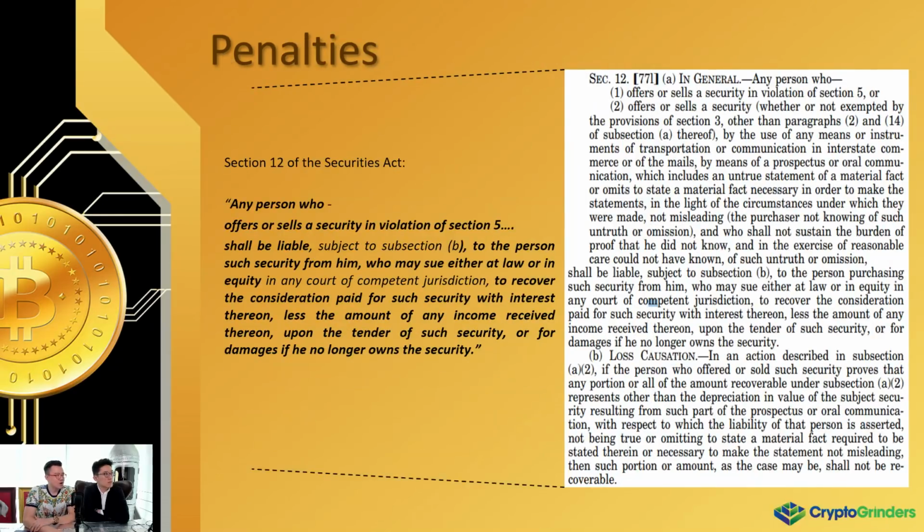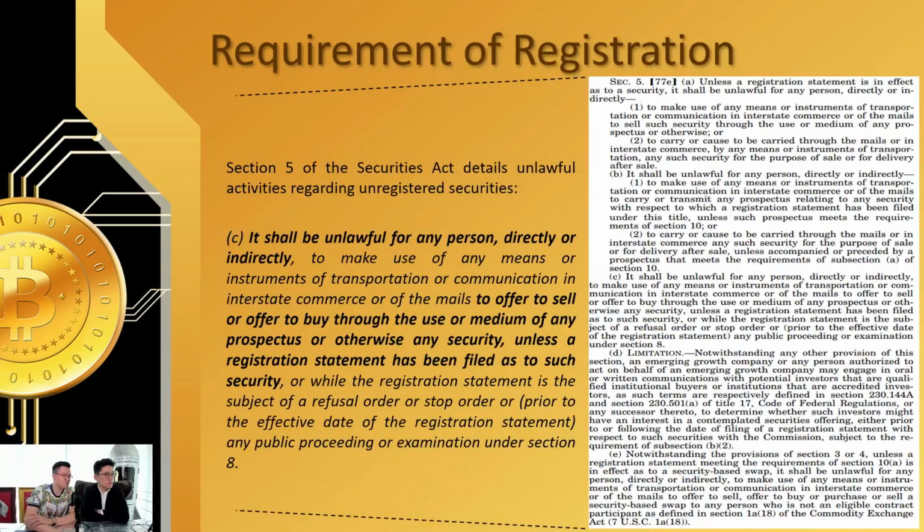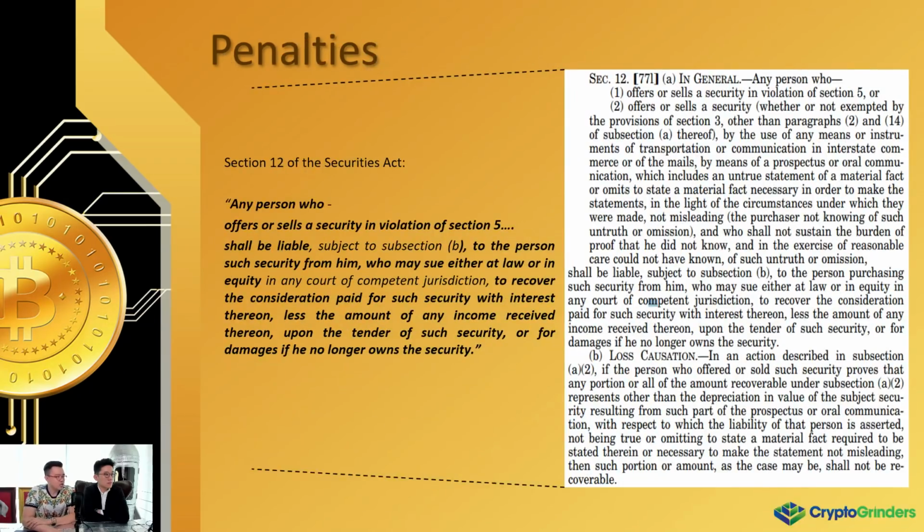Okay, so this is the penalty. Any person who offers or sells a security in violation of Section 5, which is the section just now, shall be liable to the person purchasing such security from him, who may sue either at law or in equity.